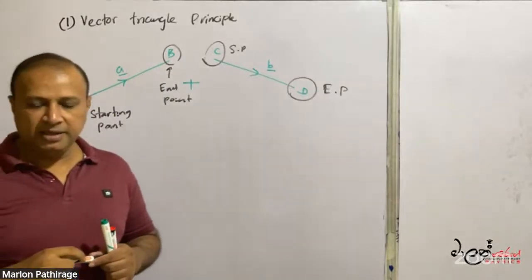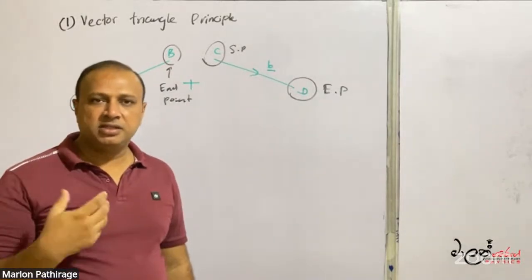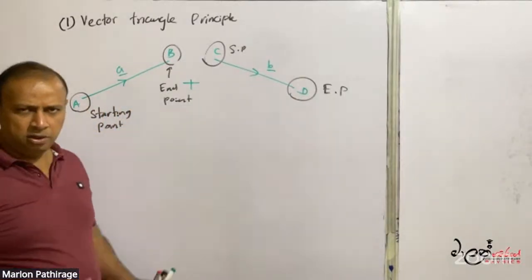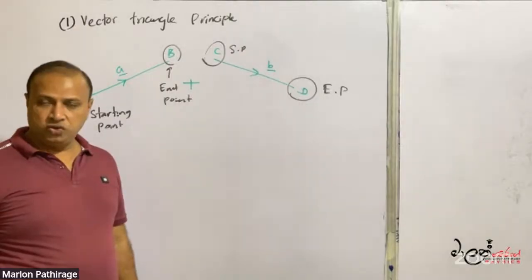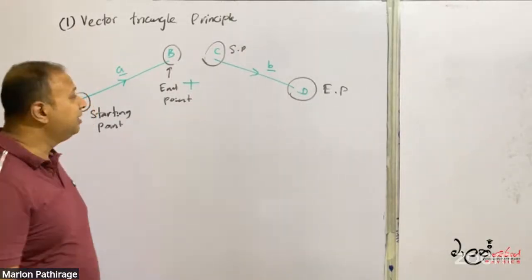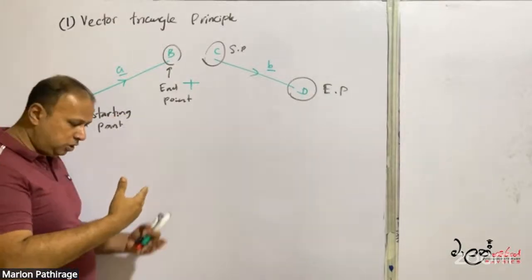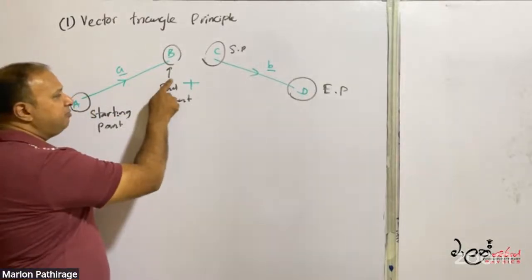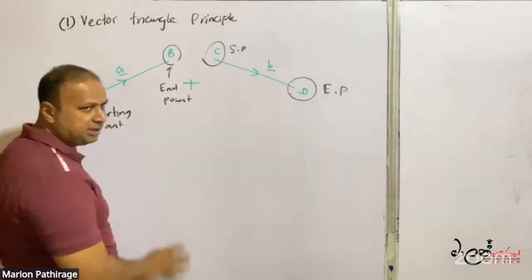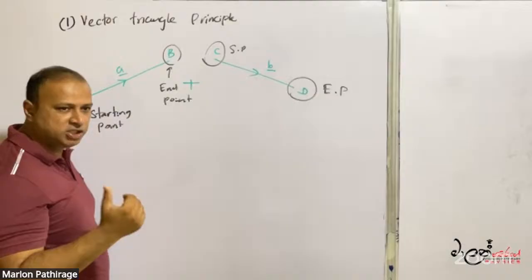So, that is how we determine the starting point and the end point. Then, how to add these two vectors? We should overlap, or coincide, the end point of the first vector and the starting point of the second vector. That is the first step.